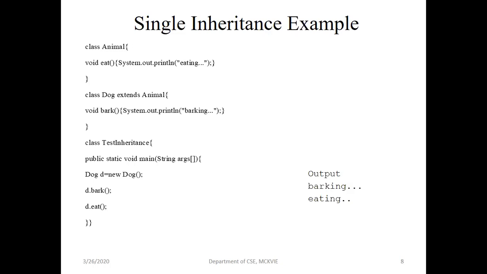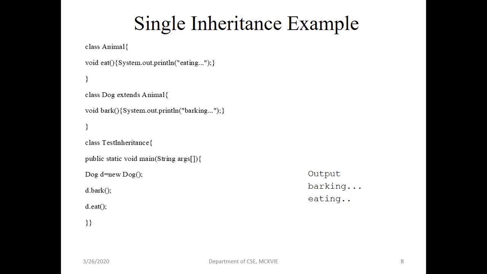When I'm extending class Dog from class Animal, automatically the void eat method which I defined inside the class Animal is available to the class Dog, as well as the method bark which I defined in Dog.